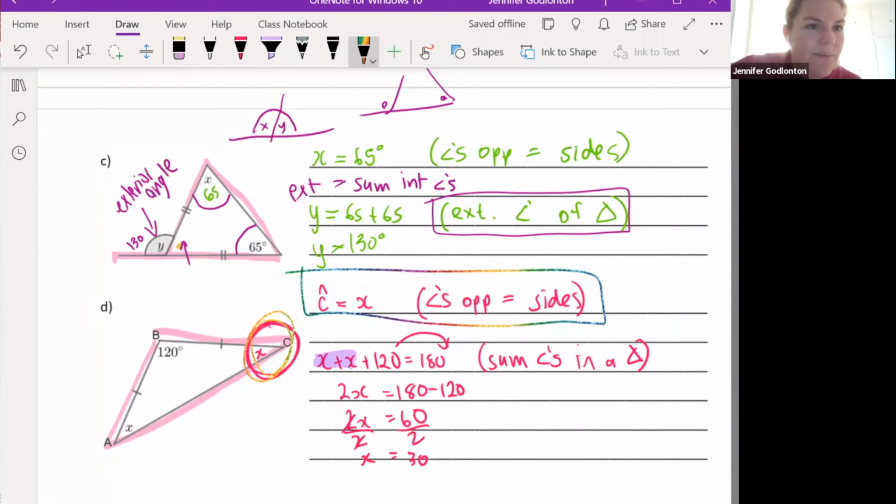Okay, no problem. Unati, I've answered that question already. We're only doing similarity and congruency next term. Claire, how can I help? Hi, ma'am. Ma'am, I would like to ask for D. So for the X, we're going to add both of the X and then we're going to add 120 and it's going to equal 180, which means we're going to find X after that.